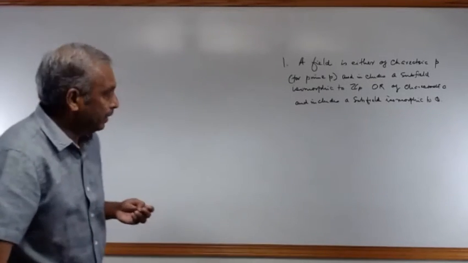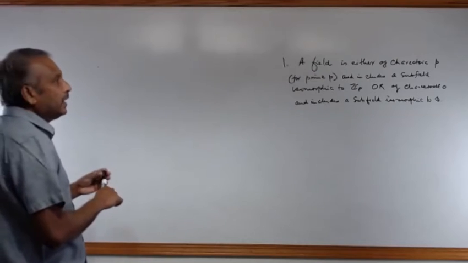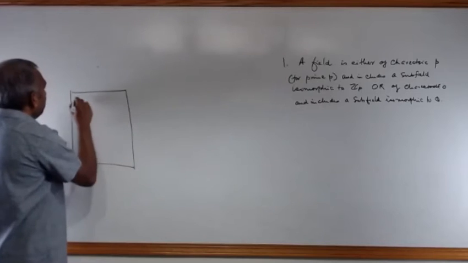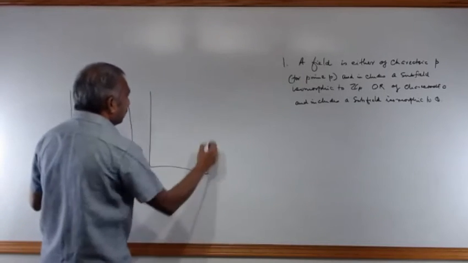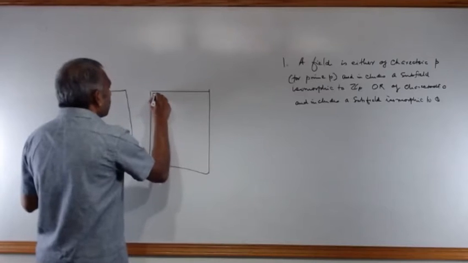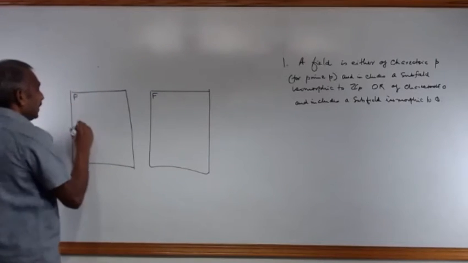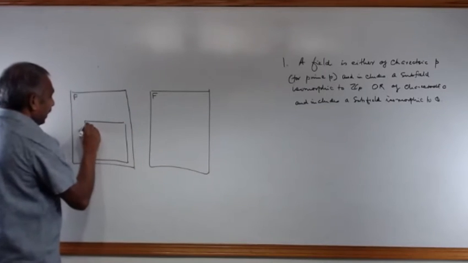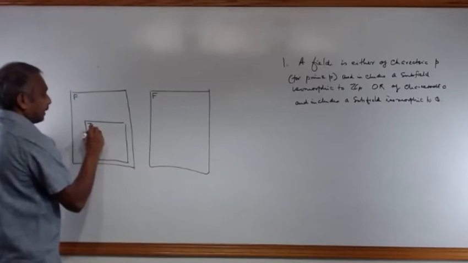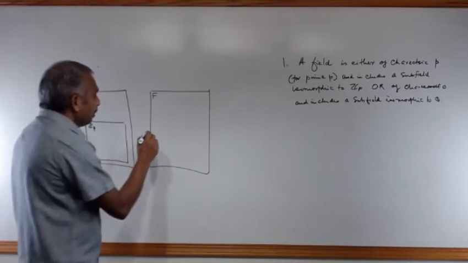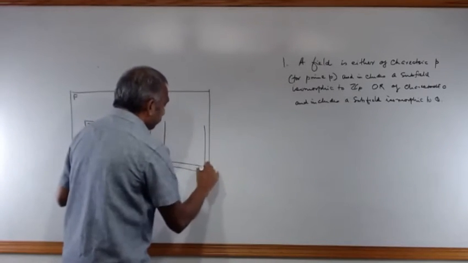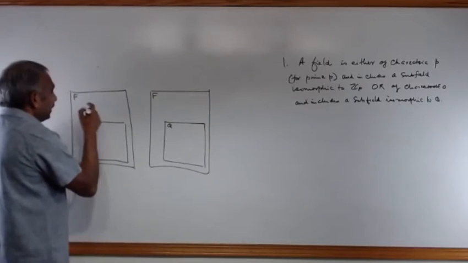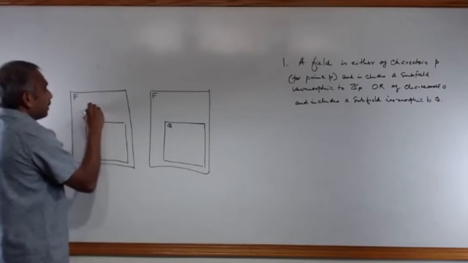Meaning any field, whether it is finite or infinite or any kind of field, either contains a subfield isomorphic to Z_p or it contains a subfield isomorphic to Q. In the first case, the characteristic is p.